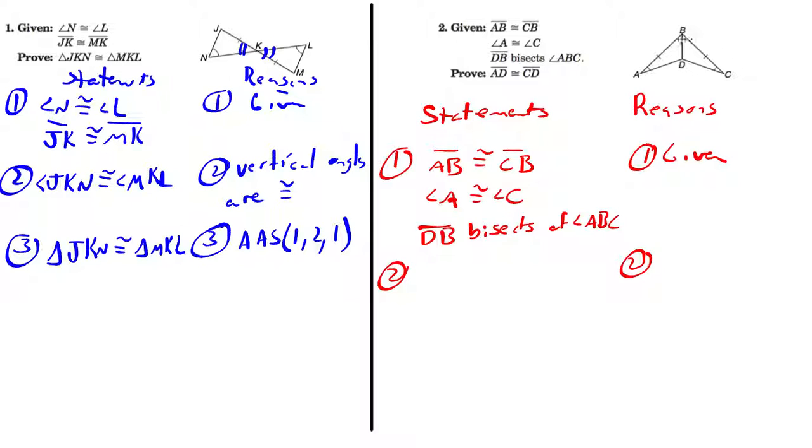And that's all there, but DB is the bisector for angle ABC, so that means that this angle is equal to that angle, so we can say angle ABD is congruent to angle CBD, and that is because of the definition of bisector.